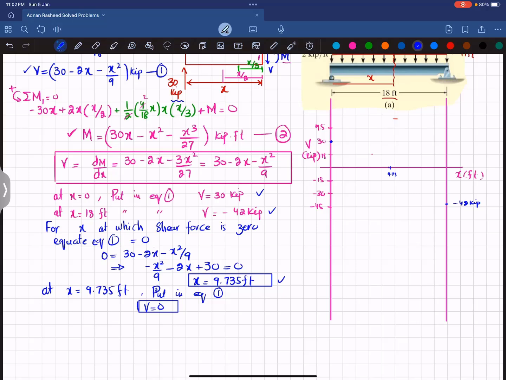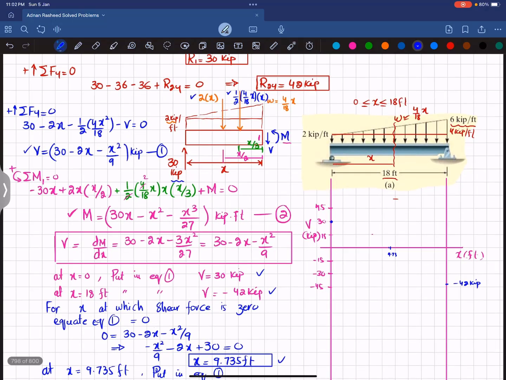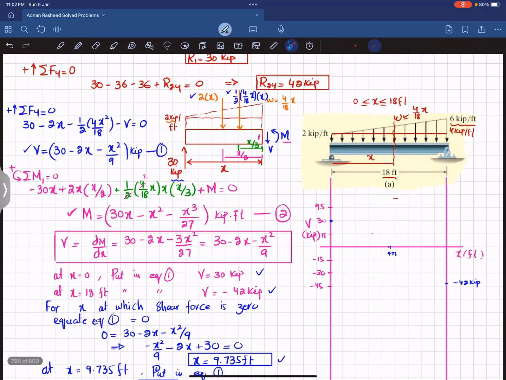Again, you can see this distributed load is the combination of a uniformly distributed load and a triangular load, so we will get a curve like this. It will not be a straight line, but it will be like this, and from here you will move in curve form.